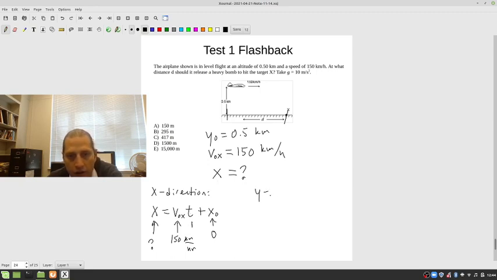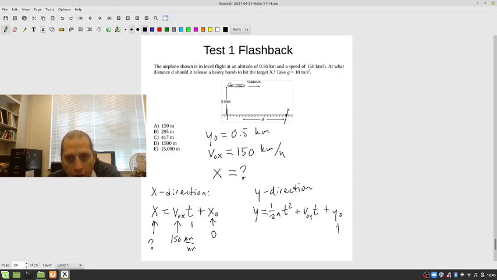So now let me write down, what do I know in my y direction? In my y direction, I have y equals 1/2 at squared plus v naught in the y direction times t plus y naught.